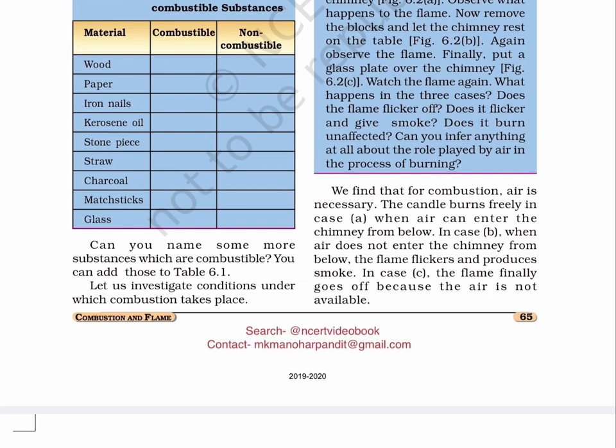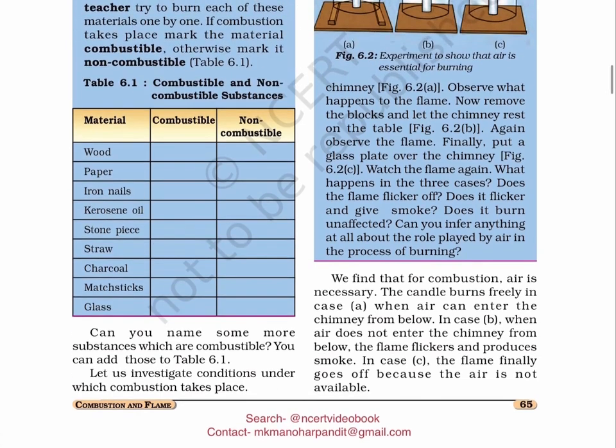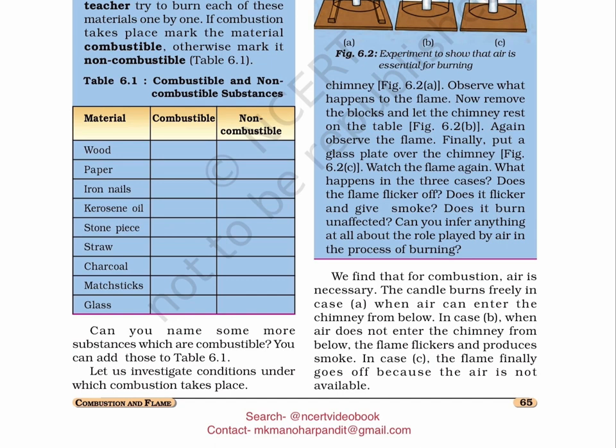We find that for combustion, air is necessary. The candle burns freely in case A, when air can enter the chimney from below. In case B, when air does not enter the chimney from below, the flame flickers and produces smoke. In case C, the flame finally goes off because the air is not available.